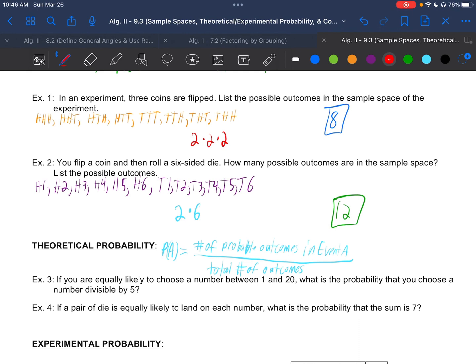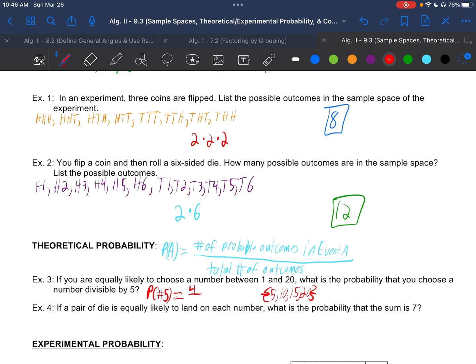So example 3: if you are equally likely to choose a number between 1 and 20, what's the probability that you choose a number divisible by 5? How many numbers between 1 and 20 are divisible by 5? Well, the sample space is going to be 5, 10, 15, and 20, because those are the numbers divisible by 5 that are between 1 and 20.